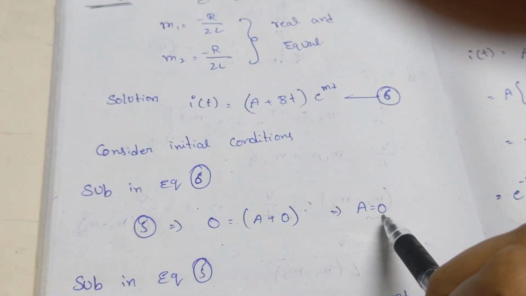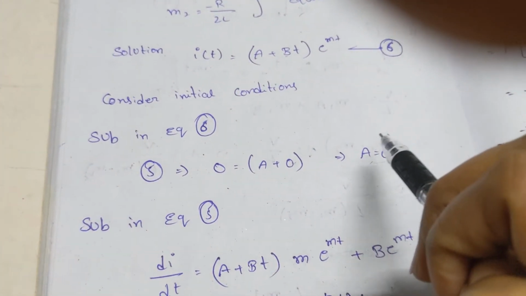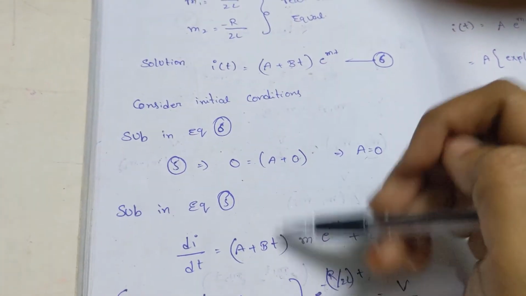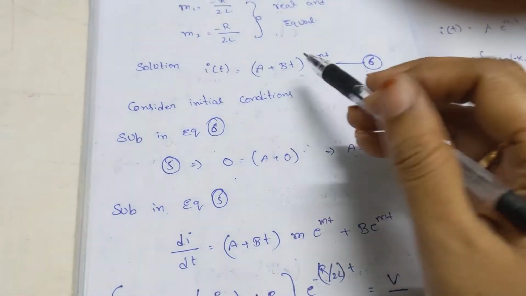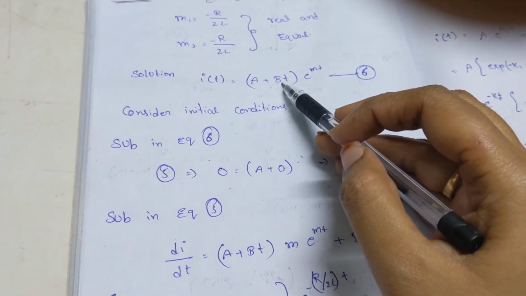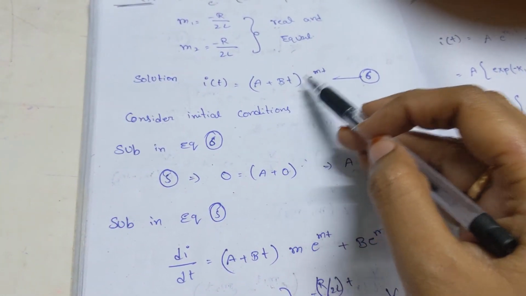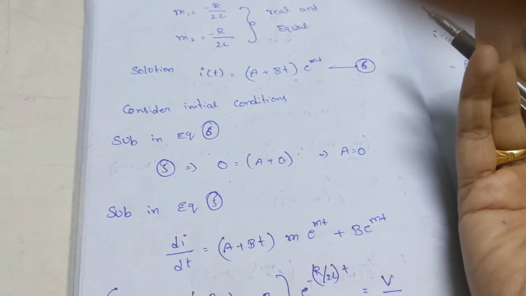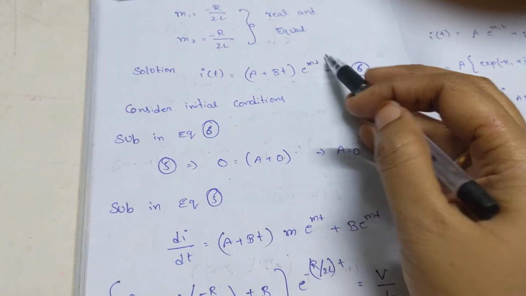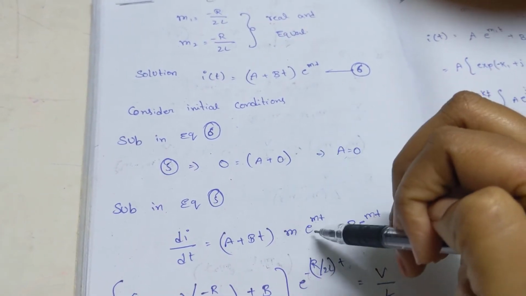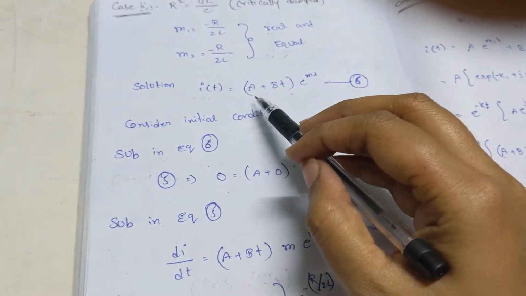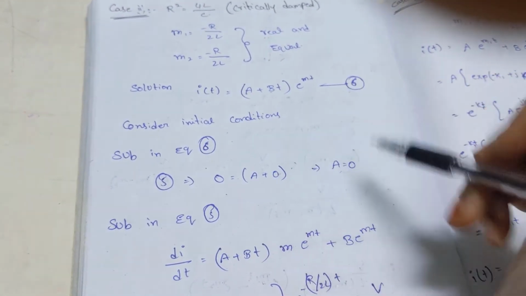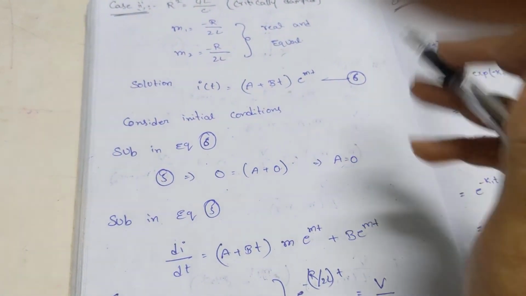So your a value equals 0. Then differentiating the element (a plus bt) into e^(mt) using the UV formula, the constant gives 0, and the bt term is b into e^(mt).